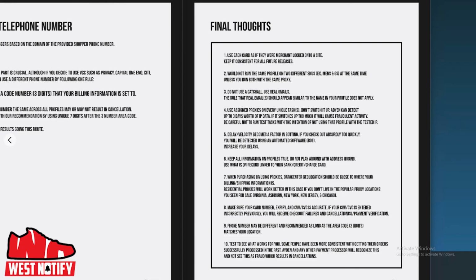If you're running a release tomorrow with 50 IPs and 50 profiles, and use the exact same proxies and profiles, you'll have a better chance of getting shipping confirmations because your order will already be trusted and you'll be able to check out with no problem. So that's about it on Adyen.